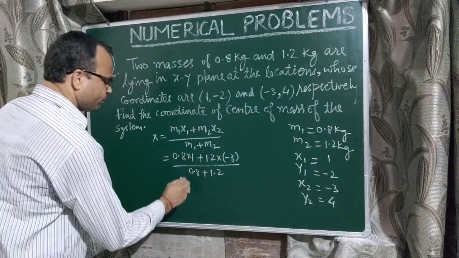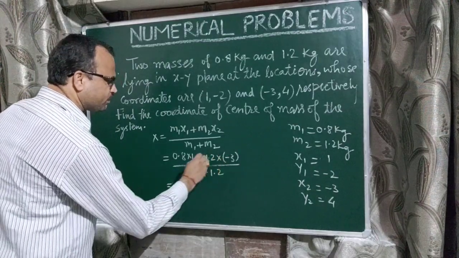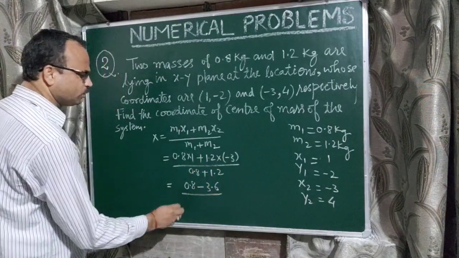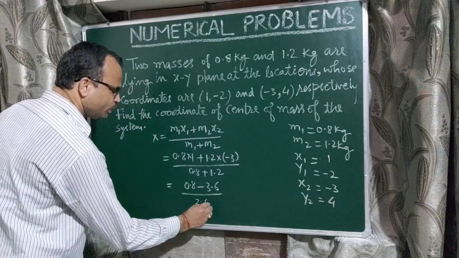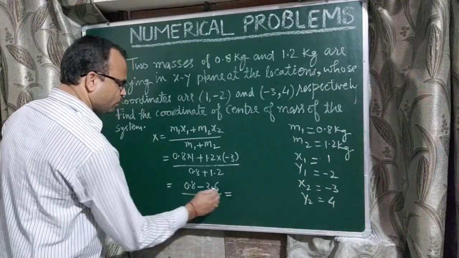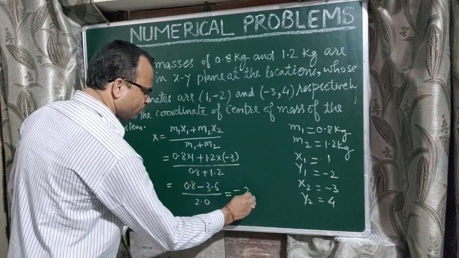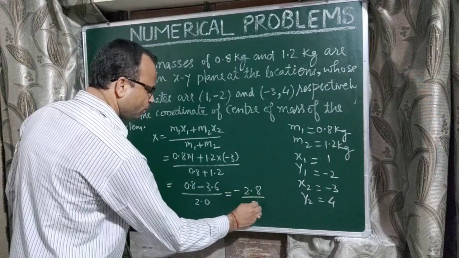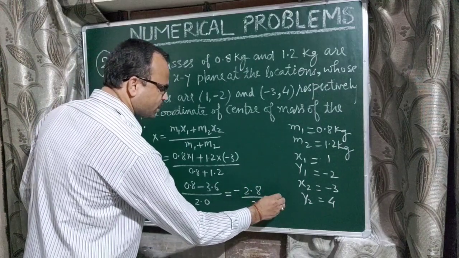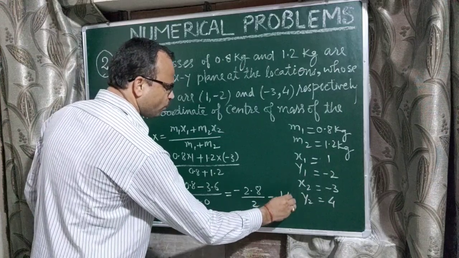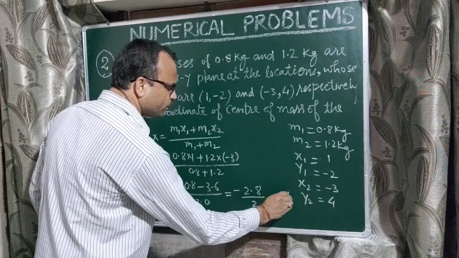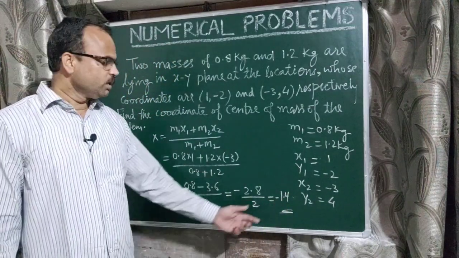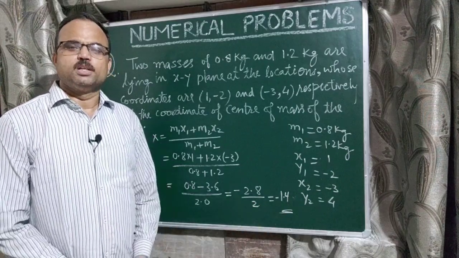On solving we get 0.8, then plus minus 1.2 times 3, that is 3.6, upon 2.0. Now we subtract this, so we get minus 2.8 upon 2. So the x coordinate of the center of mass is minus 1.4. So x equals minus 1.4. It is the x coordinate of the center of mass.